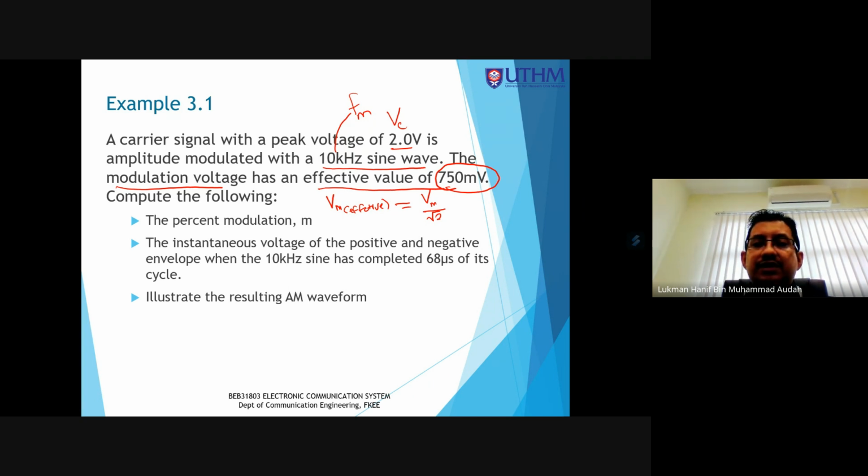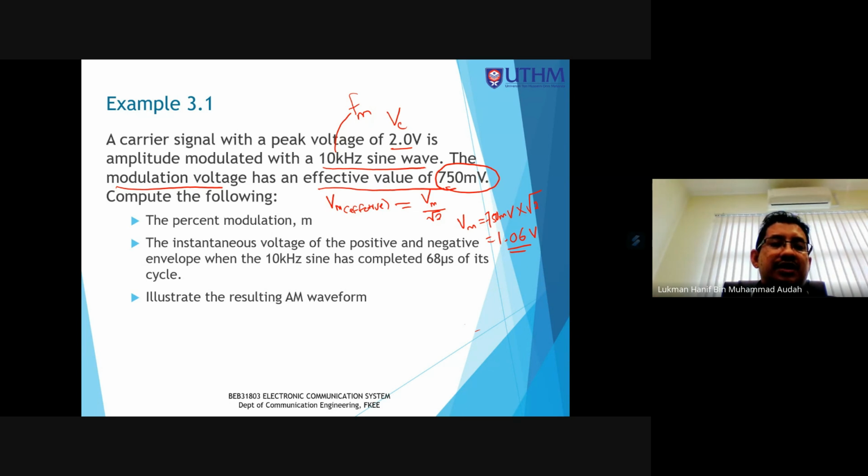So to find the Vm peak amplitude, it is 750 millivolt multiplied by square root of 2. How much would that be? I'm going to get 1.06 volt. So this is the peak amplitude of the modulating signal.